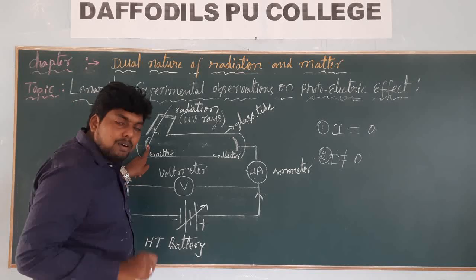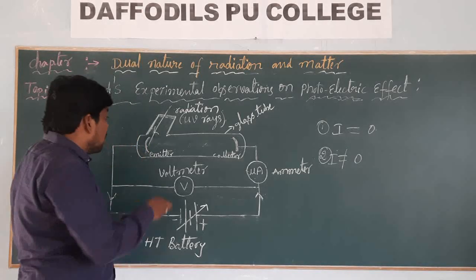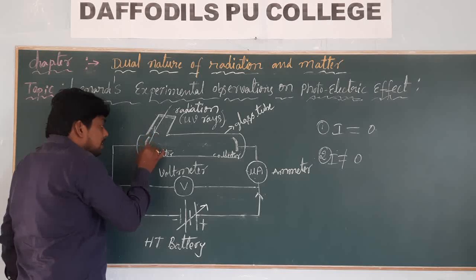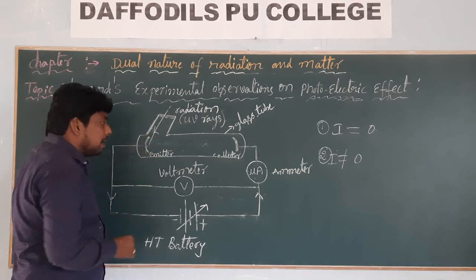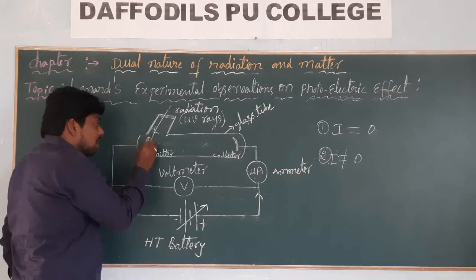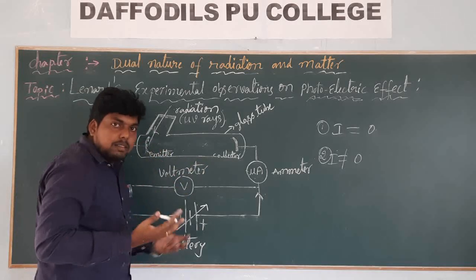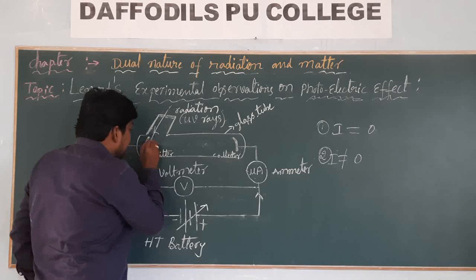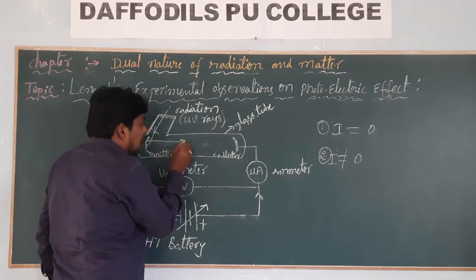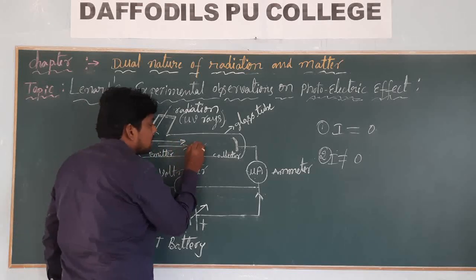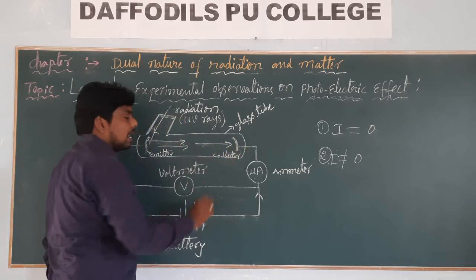When the UV rays are falling on the emitter plate, what happens? Here certain energy is falling on the emitter plate. The electrons which are present at the surface of the emitter plate will receive that energy and they will come out of the metal surface, and those are nothing but photoelectrons. They will be received by the collector plate.